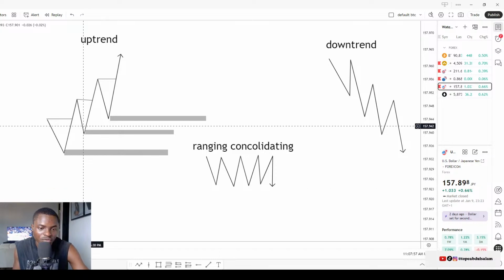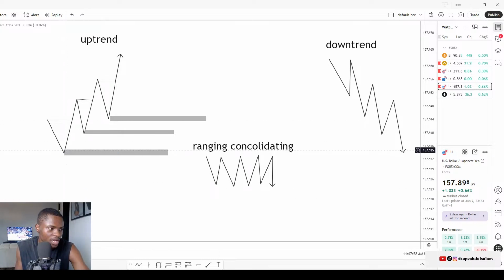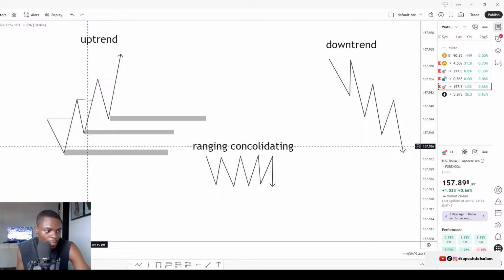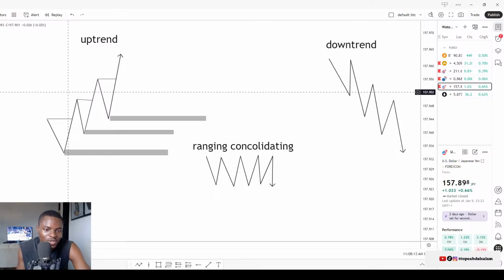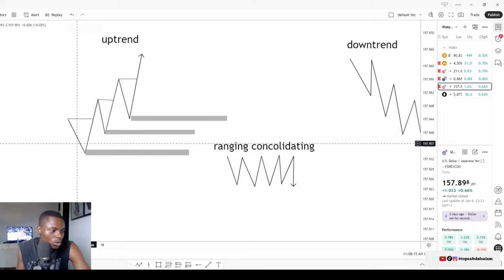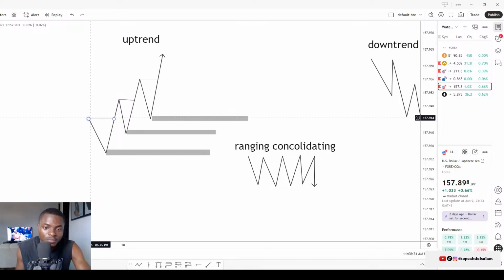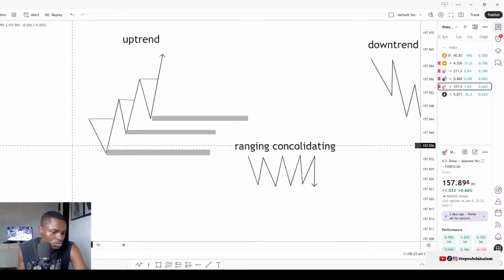So the point of interest is an area where you are looking to buy from, an area that interests you, that if price gets to this area, I will be waiting for a reaction on that area for me to start buying from. So in a ranging market, you always mark out the point of interest, sorry, the point of interest that was responsible for breaking structure.